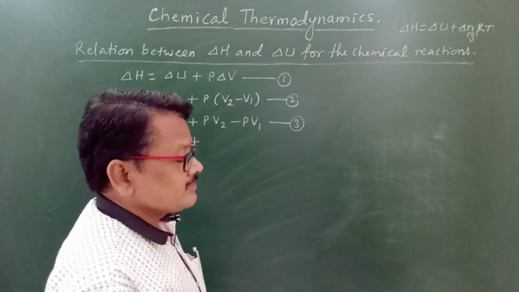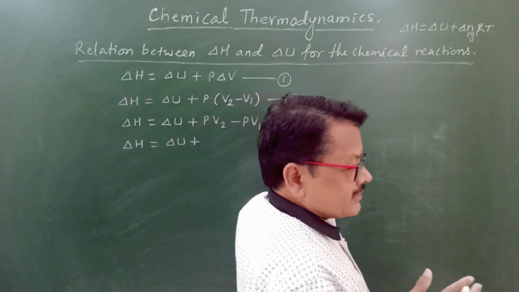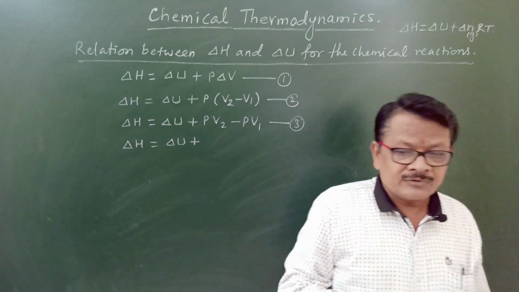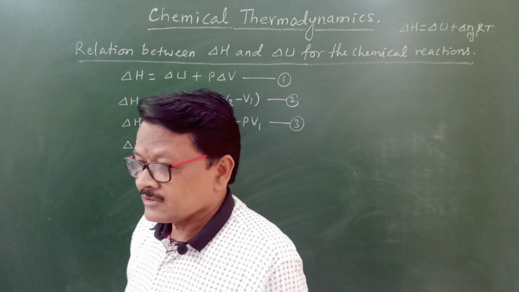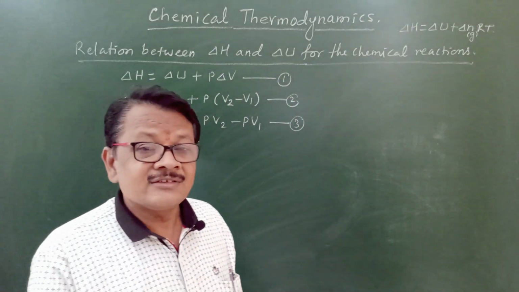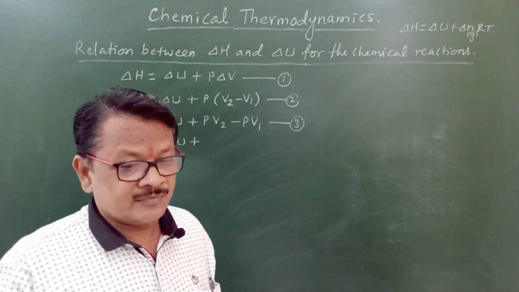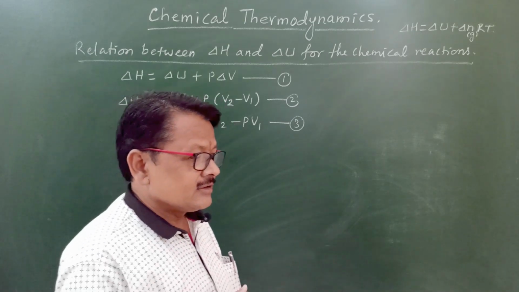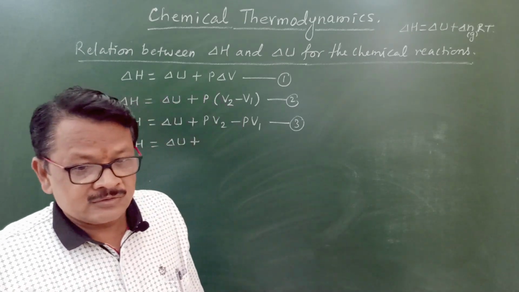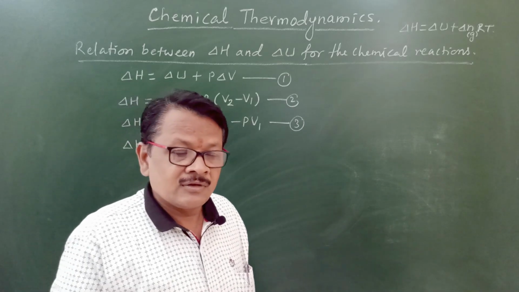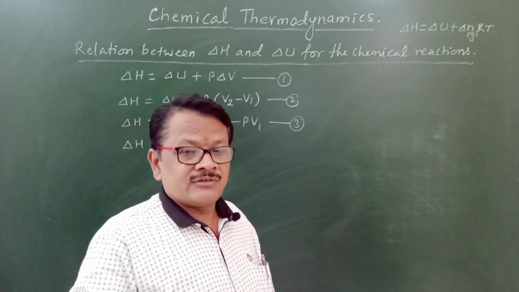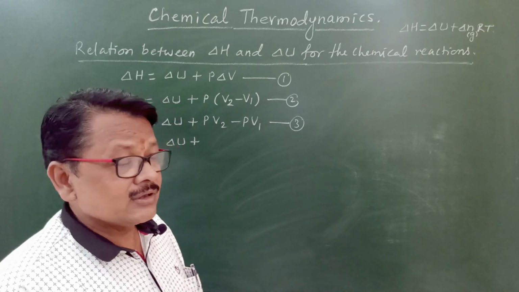But here we have to consider that when the reactants and products are present in gaseous state, they are considered as an ideal gas. What is an ideal gas? The gas which obeys the gas laws: Boyle's law, Charles's law, Avogadro's law, and the gas law equation. What is the gas law equation?